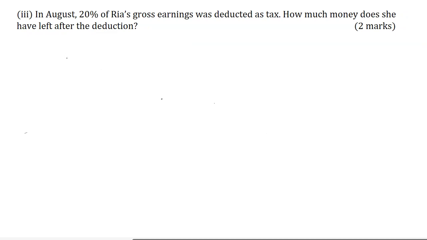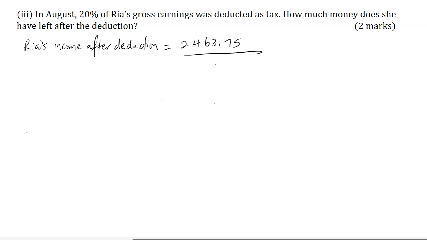So I will write here that Ria's income after deduction is equal to, we'll take her gross earnings of $2,463.75 and find 80% of it, because if she's been taxed 20%, it means that she's receiving 80% of her gross earnings.